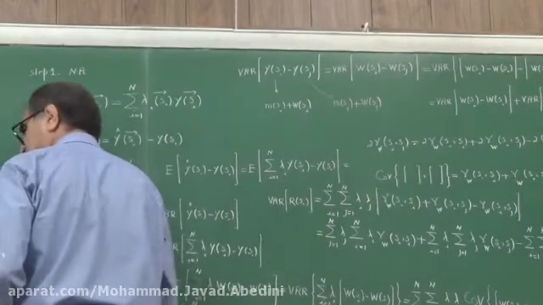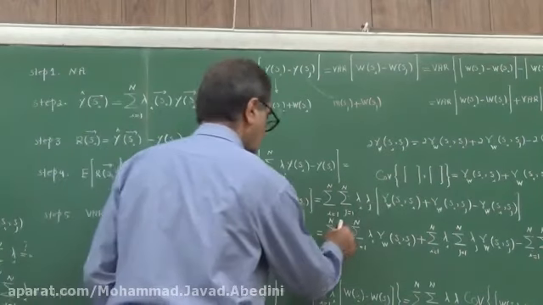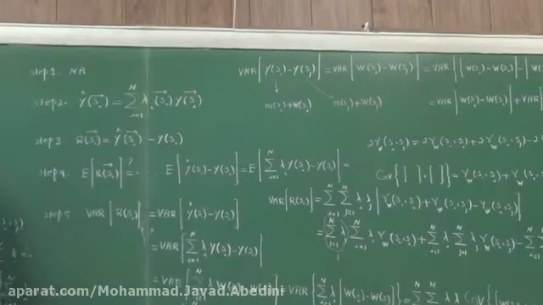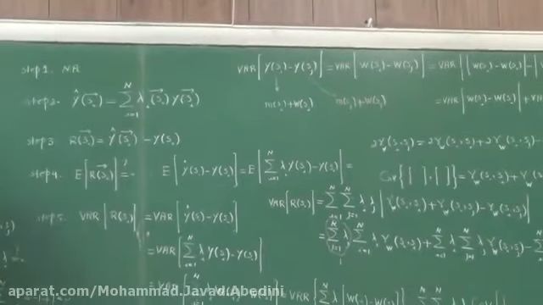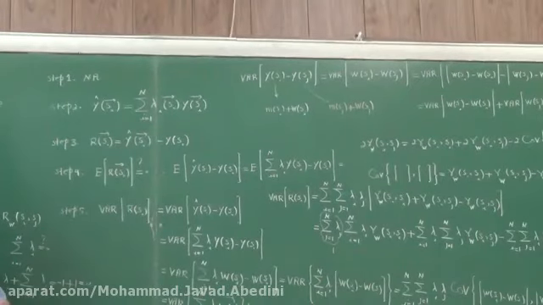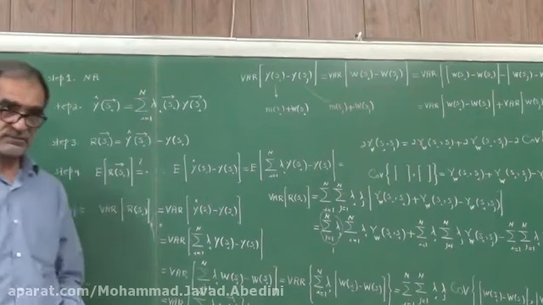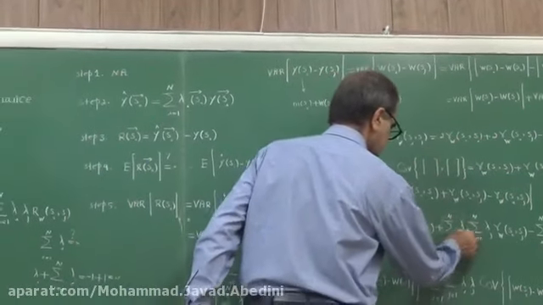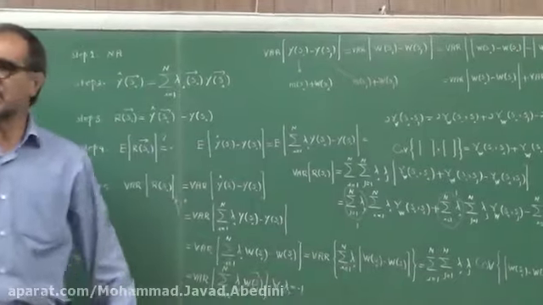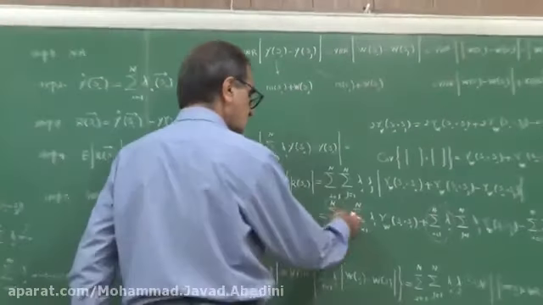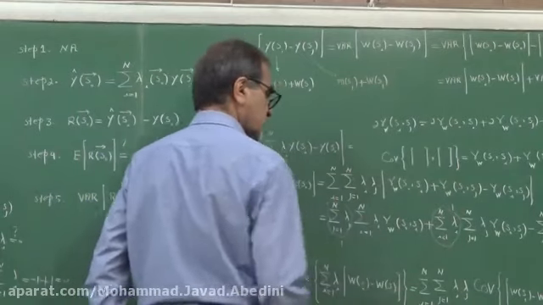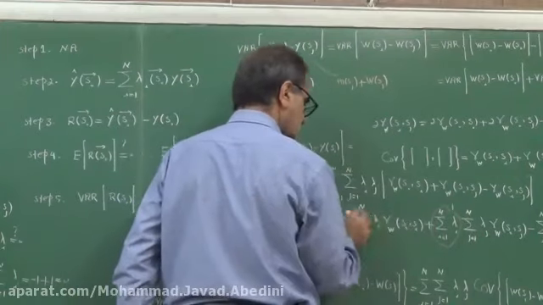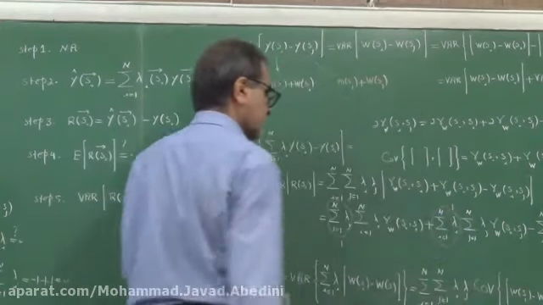This part is 1. Why? Why is it 1? Because of unbiasedness condition. This part is 1 as well, because of unbiasedness condition. And since i is dummy, this index of summation is dummy, which means that this is the same as this. You can write 2 times this instead of this term here.